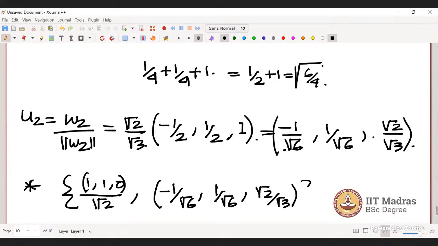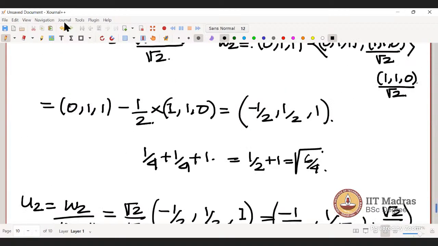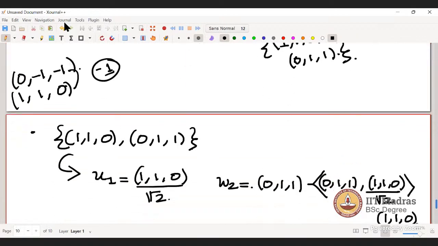This is my orthonormal basis of the vector subspace W. So my next target is to find what.